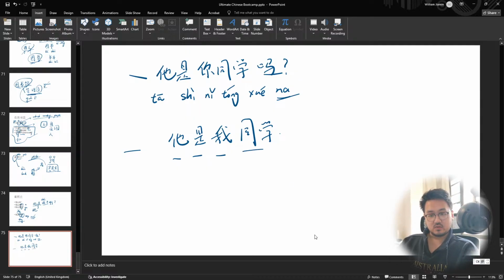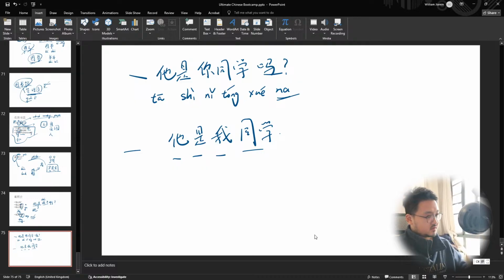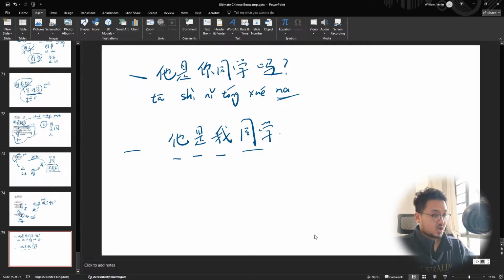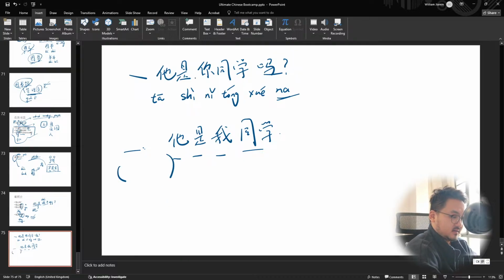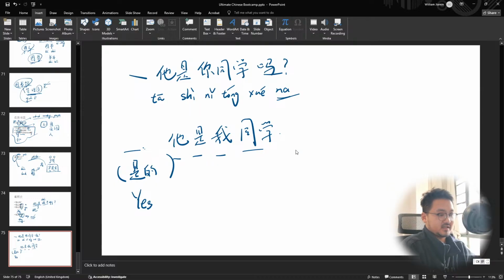So 他是我同学 or 他不是我同学. Alright? You can also say, but this can be inside the parentheses, it's like is or yes, he is, or no, he isn't. So you can say 是的. That literally means yes, he is my classmate. Okay? And you can say no, 不是.